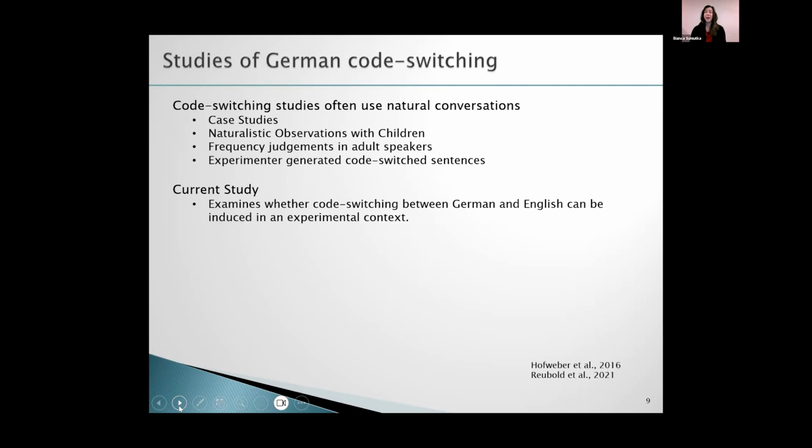So how often or how likely might a code switch happen, and also code switch sentences that are generated by experimenters, where we look at things like reading time to see if a particular type of switch is more problematic than others. The current study that we'll talk about today examines whether code switching between German and English can be induced in a more experimental context.